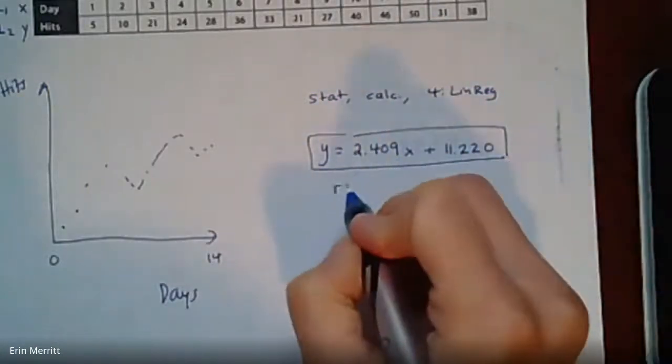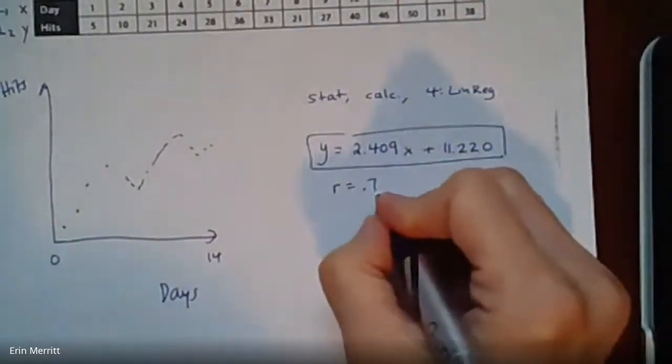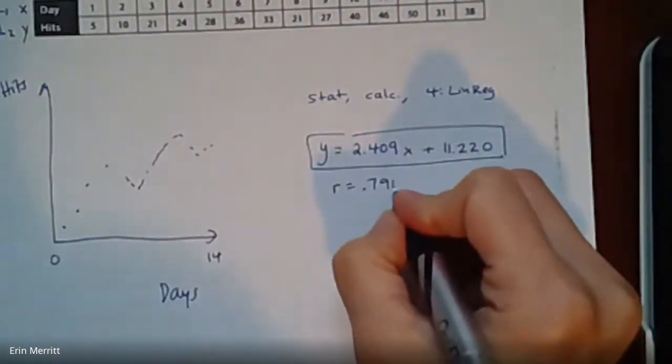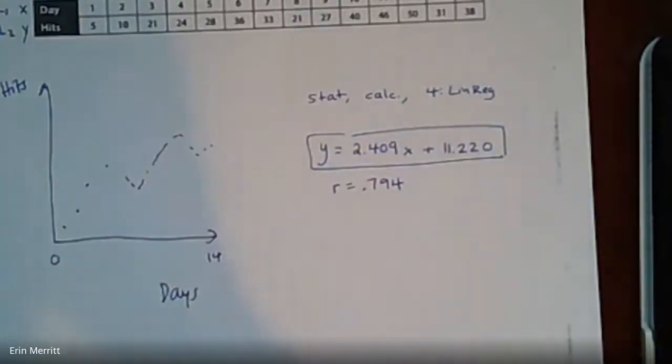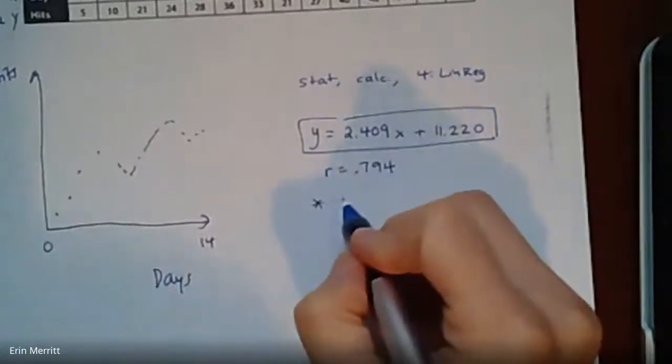How strong is the regression? Well, the r value is 0.794. So it's definitely not perfect, but that's still good. Anything between 0.5 and 1 would still be considered a really strong correlation.